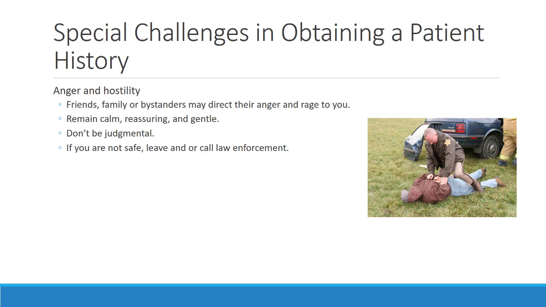For patients that are angry or hostile, friends, family, or bystanders may direct their anger and rage to you. So it's important, again, that you maintain good situational awareness and be aware of how family, friends, and bystanders are acting towards you. This is especially true if a patient is dead and you have to tell that family member, bystander, or friend that.